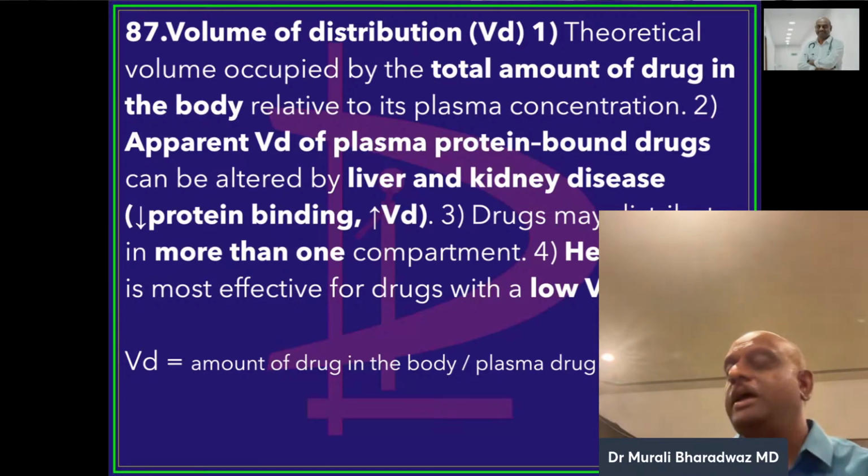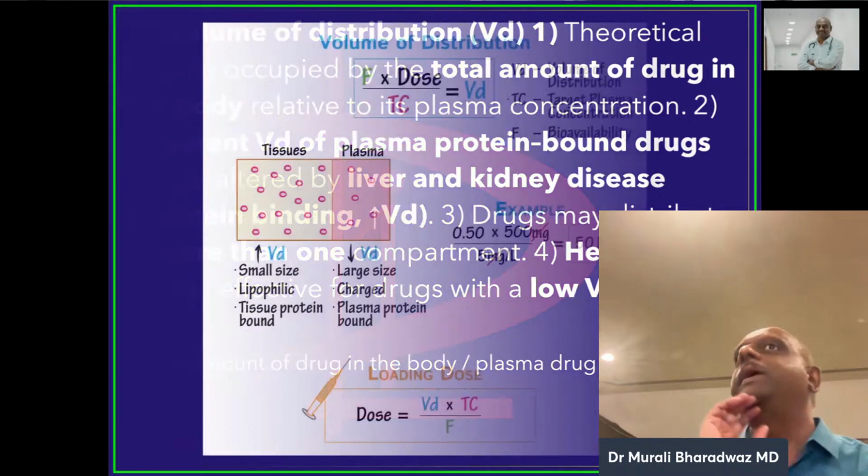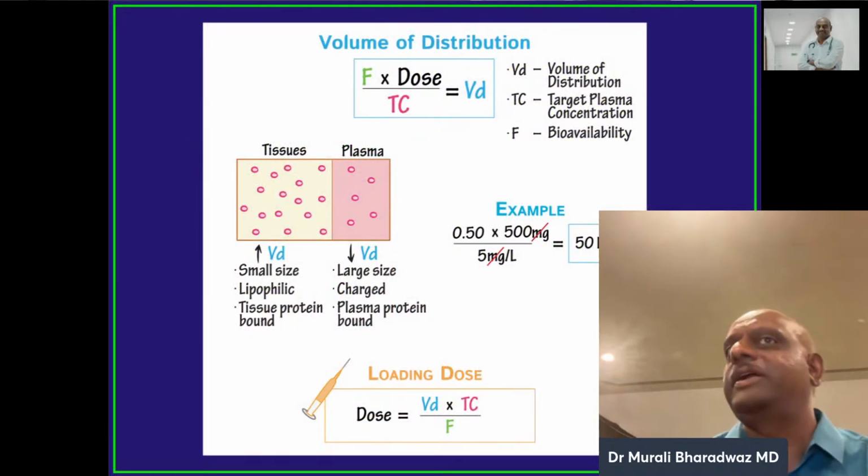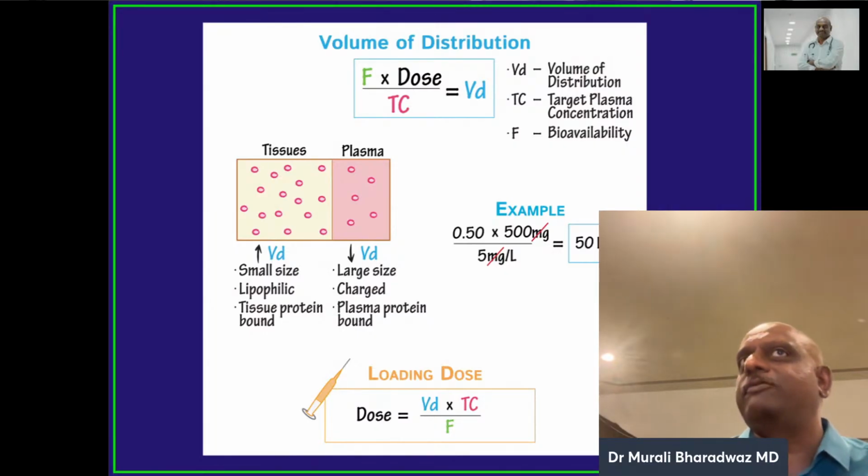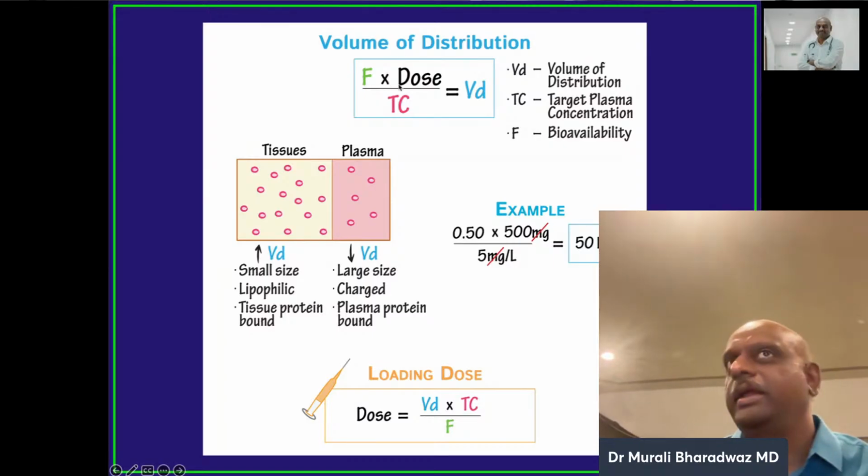So tell me, doctor, the amount of the drug in the body by plasma drug concentration will give you VD, is what we need to remember. Agreed? So volume of distribution is given by the formula bioavailability into the dose.